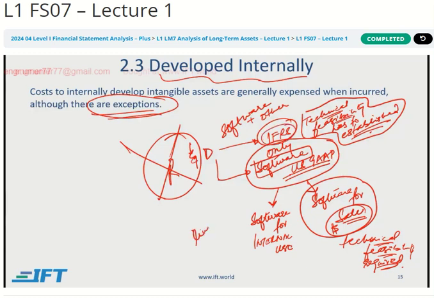Now, US GAAP is a little bit lenient on the capitalization of software for internal use. Of course, everybody is surprised that US GAAP is so strict on everything else, not allowing any capitalization except for software. But for software for internal use, they have this leniency that you can just capitalize it.